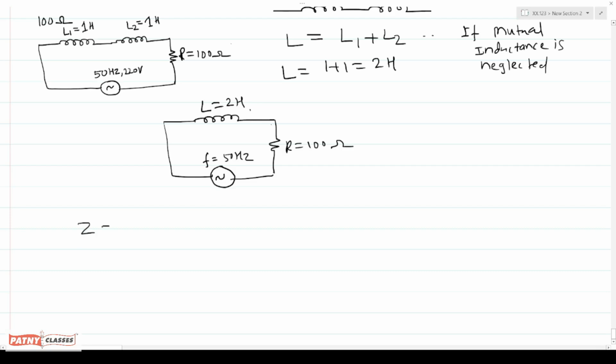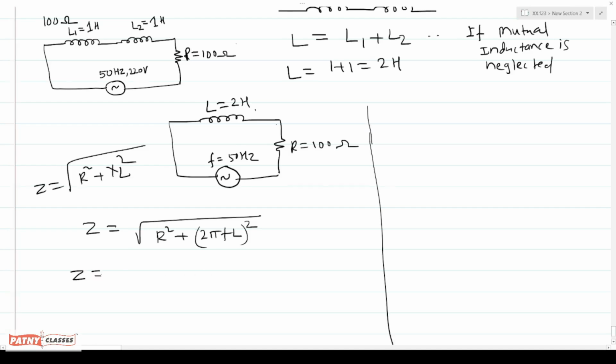Now the impedance of the circuit, Z equals under root of R square plus 2 pi FL whole square, that is Z is nothing but under root of R square plus XL square. Therefore Z equals under root of 100 square plus 2 pi into 50 into 2 whole square.